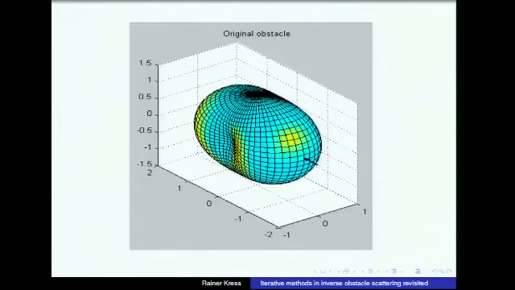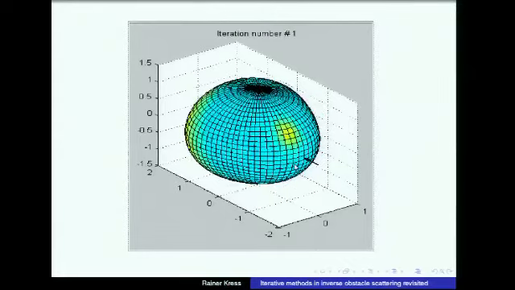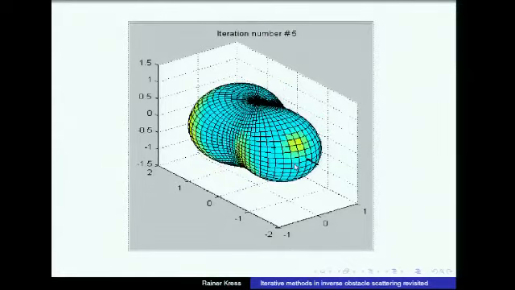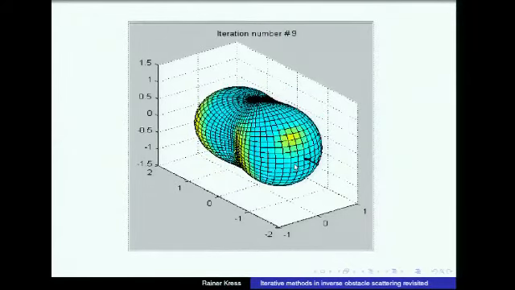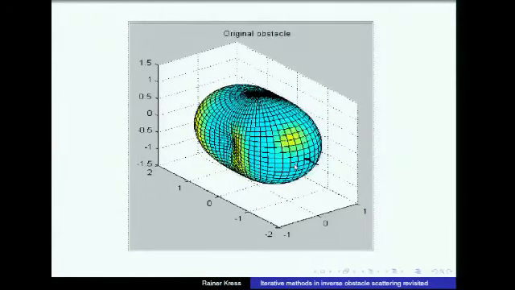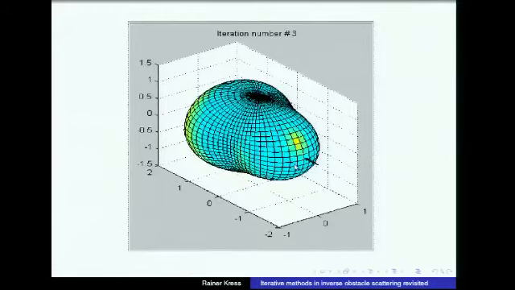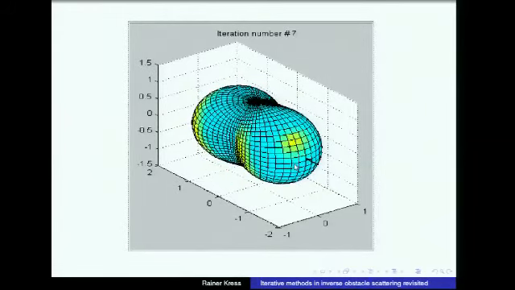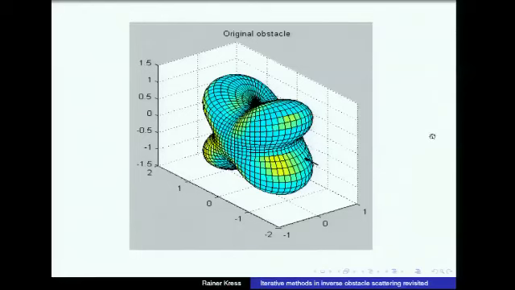And this is an example, this is the original obstacle to reconstruct using spherical harmonics up to degree 8, and starting the iterations with a unit ball, and you see how the iterations proceed, and after about 11 iterations we get a reasonable reconstruction.